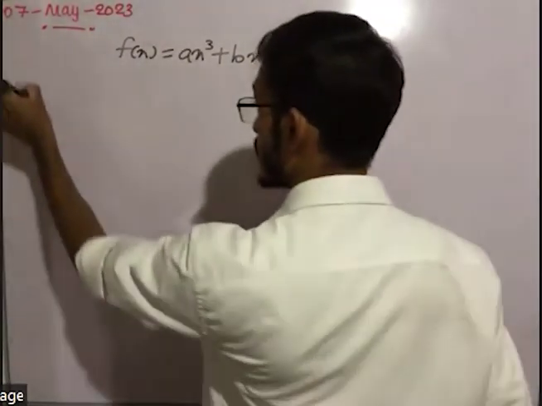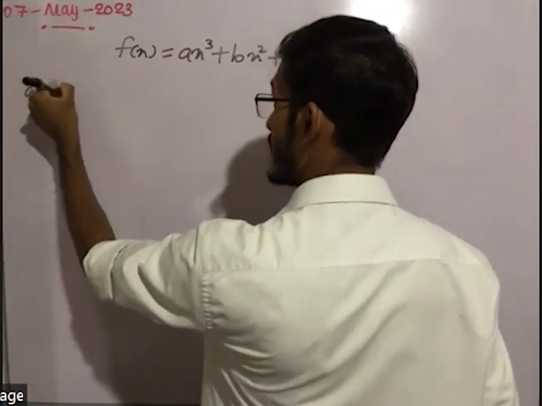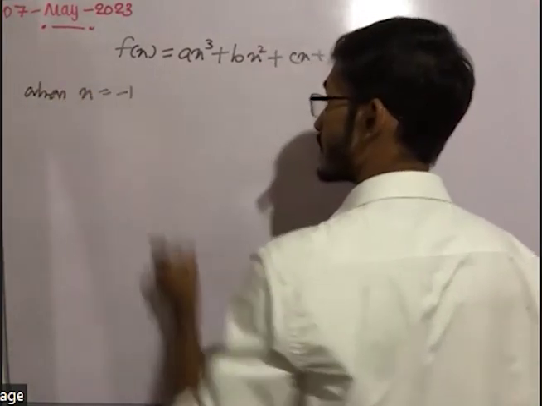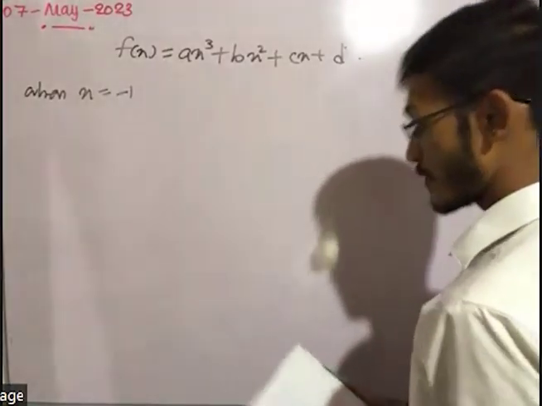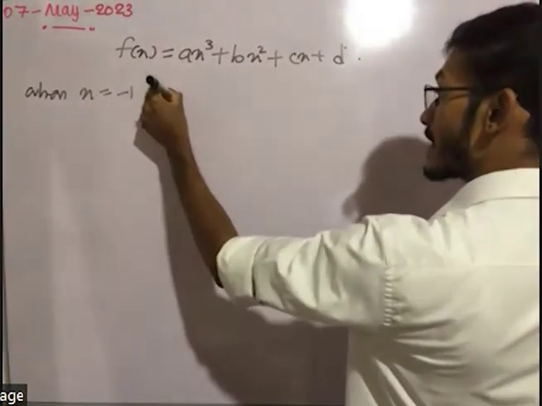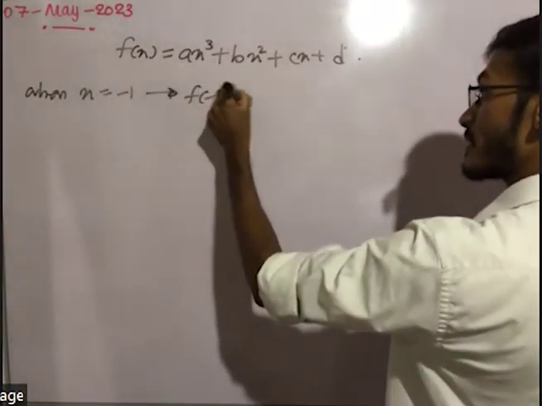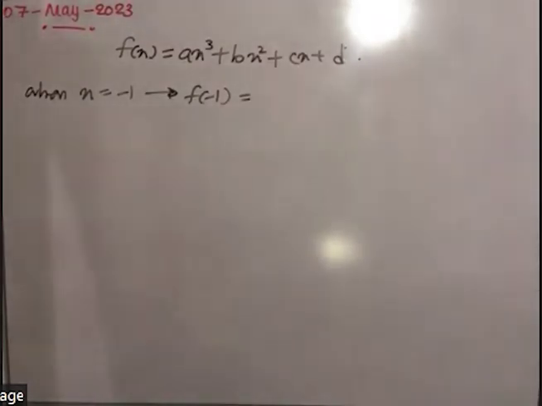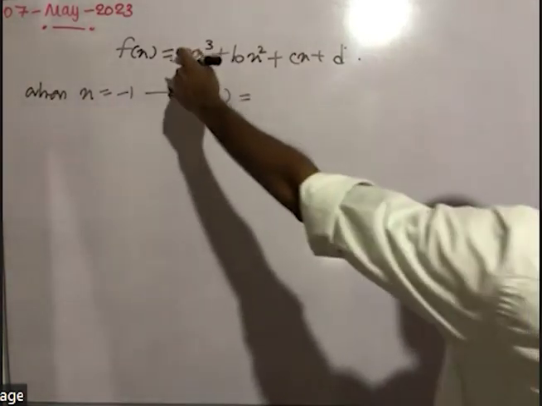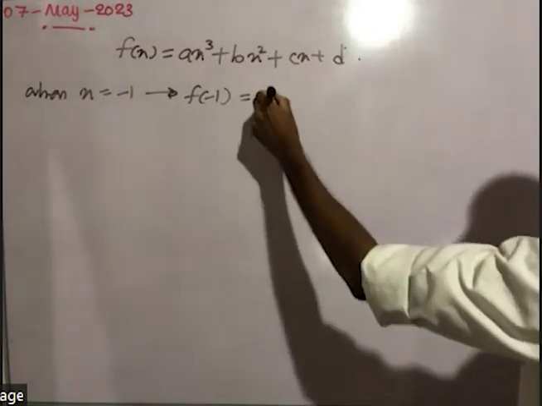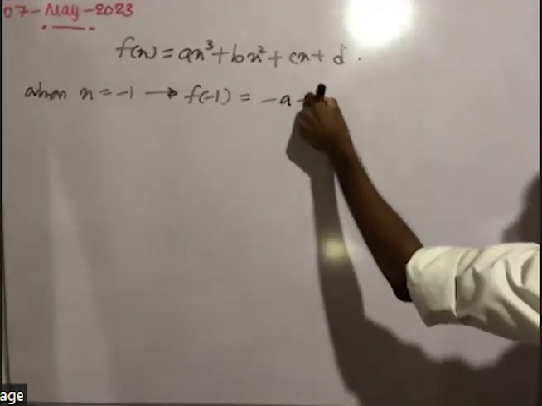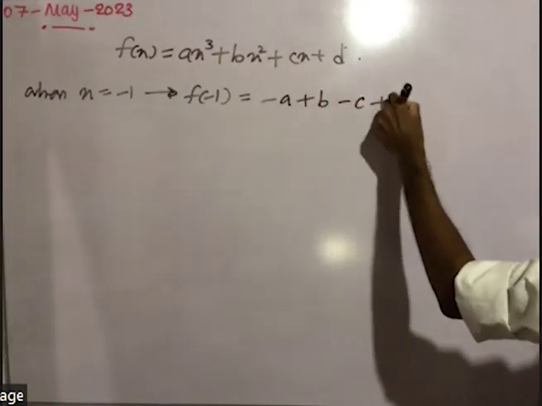So when x equal to minus 1, we can write down f(minus 1), that is equal to, substituting minus 1 here, minus 1 to the power 3, that is minus a plus b minus c plus d.